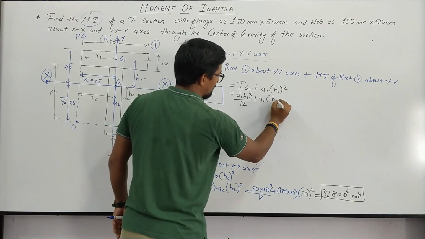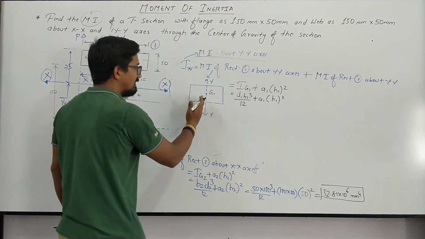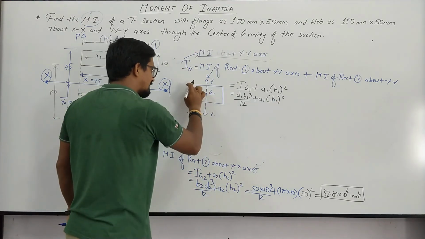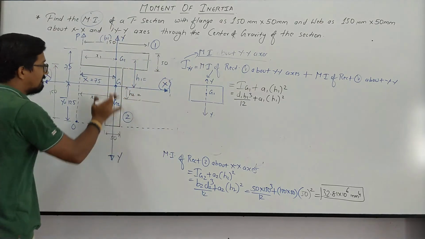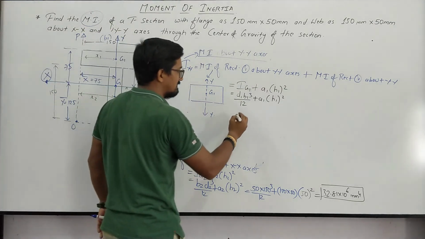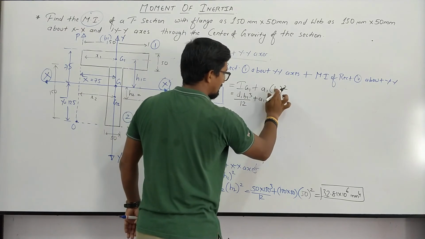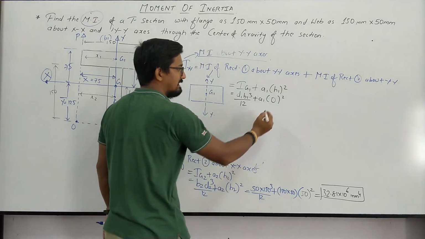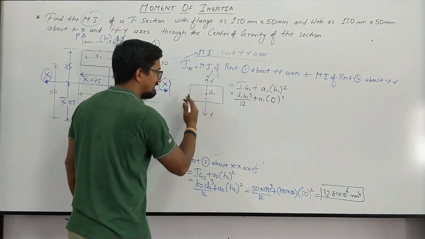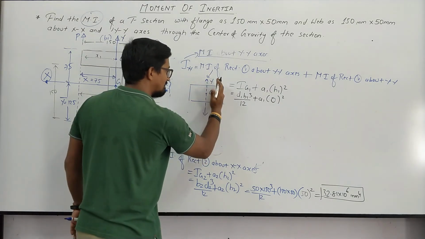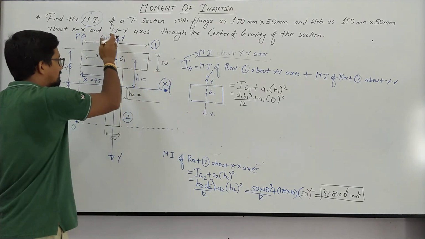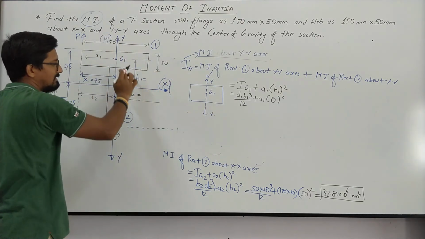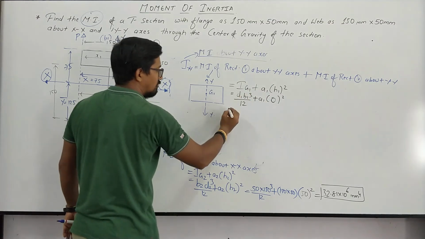Now what is this h1 square? You can see that this rectangle's y axis and the original y axis are coinciding, therefore this h is coming out to be 0, correct? How is it 0? Because there is no distance between the y axis of the whole section and the y axis of this rectangle. That's why this h is coming out to be 0.